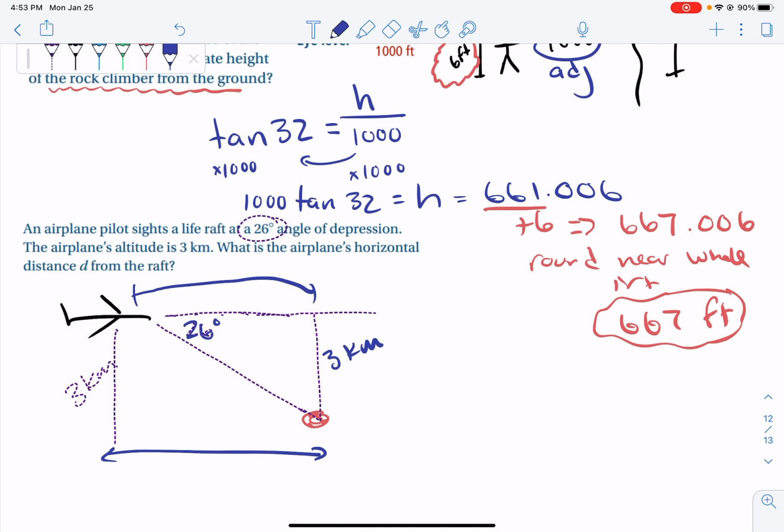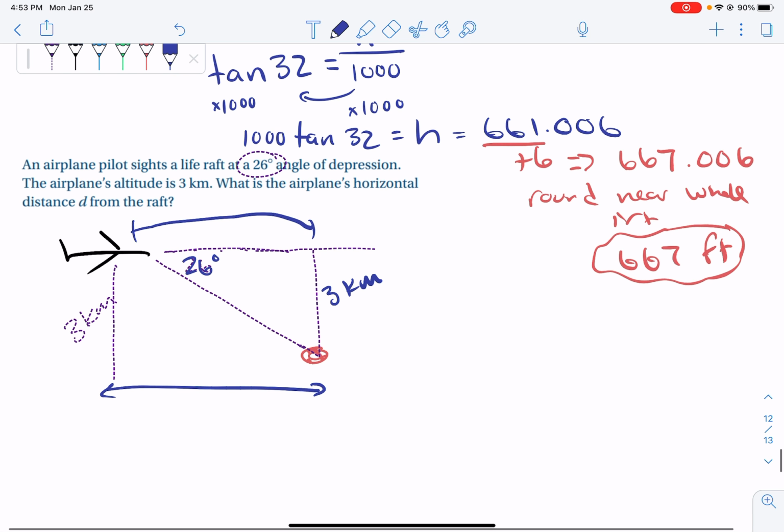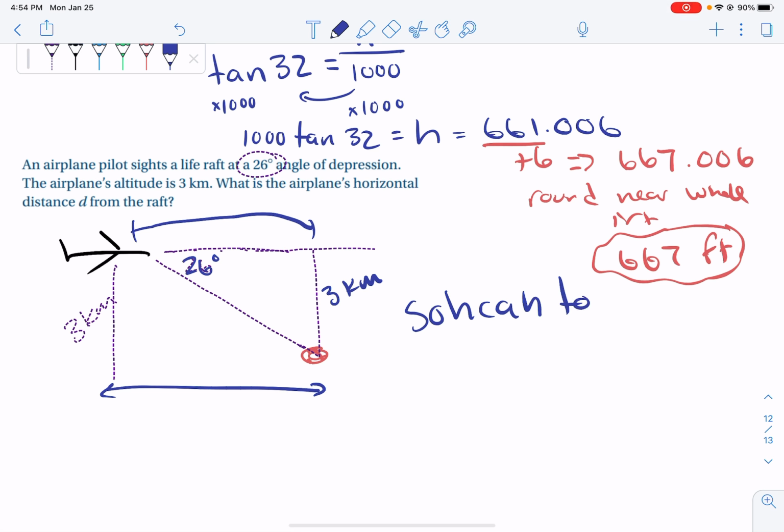So I have an angle. I have a couple of sides of my angle. So let's set up a ratio. So if I'm using SOHCAHTOA, my angle is 26 degrees. I have the opposite, right? 3 kilometers is the opposite.